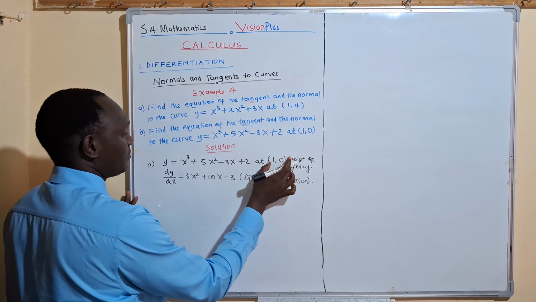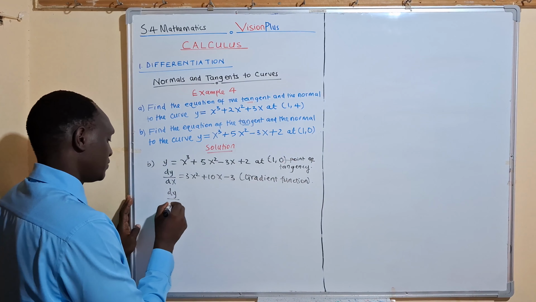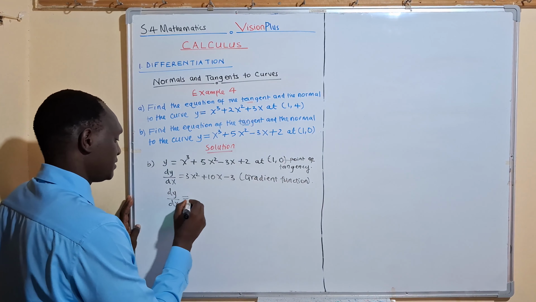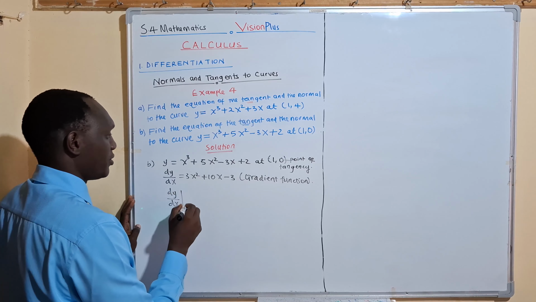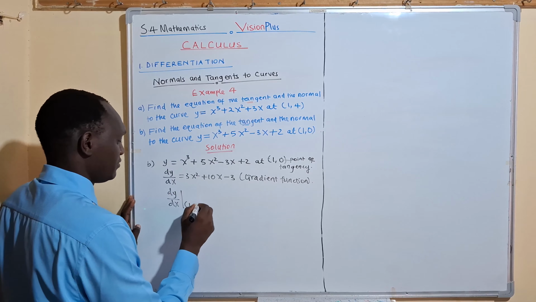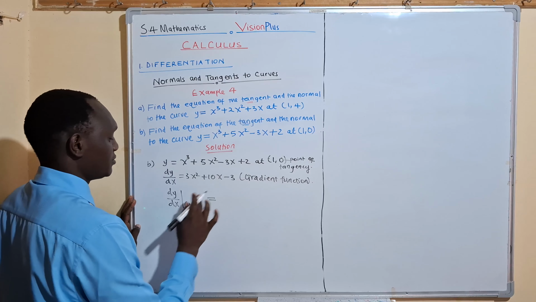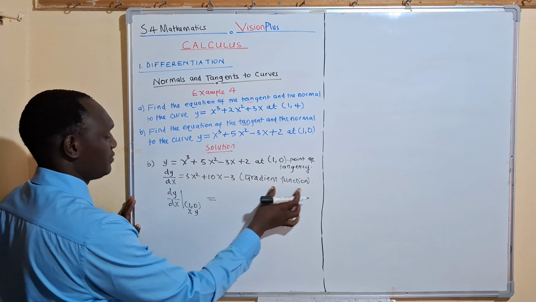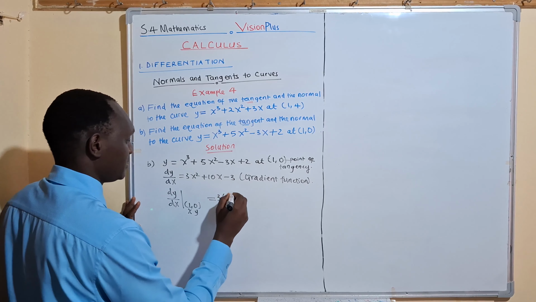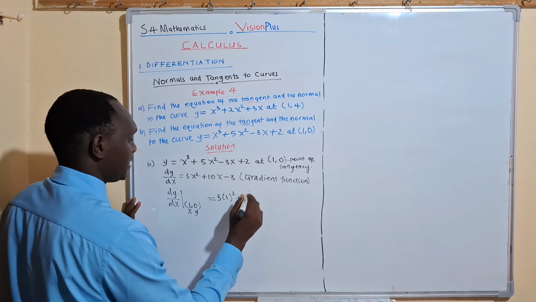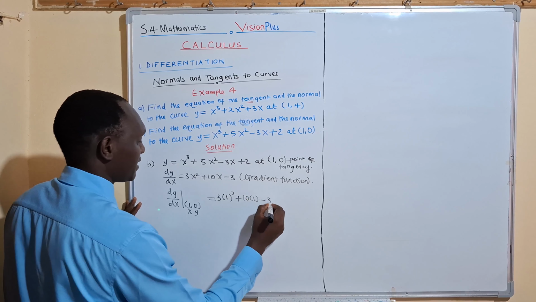What about now at the point of tangency? What is the gradient of the curve? So dy/dx at the point of tangency (1, 0) becomes, this is x, this is y. We substitute for x in the expression for the gradient function. So we shall have 3 times 1 squared plus 10 times 1 minus 3.